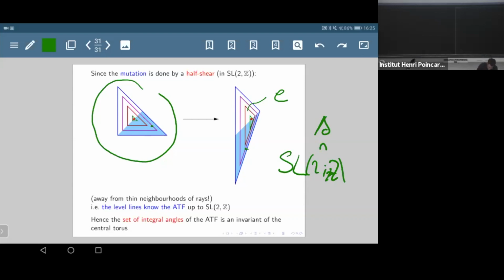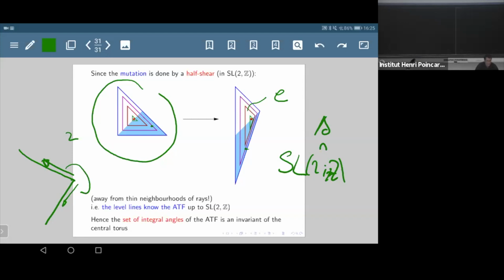And the integral angle, in the two-dimensional case, is just the following. They're all rational, so I take a vector along the side, and it has integral length 1, and I take here a vector of integral length 1, and then I take the determinant of the two. Integral length 1 means that it's an integral vector with common divisor 1.